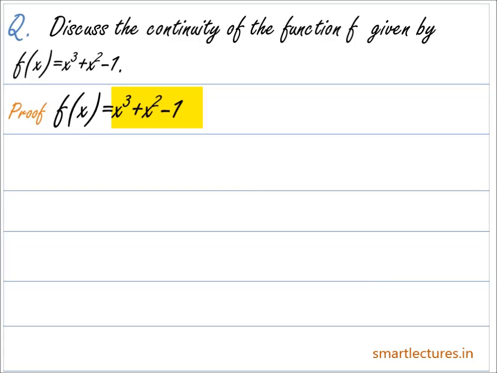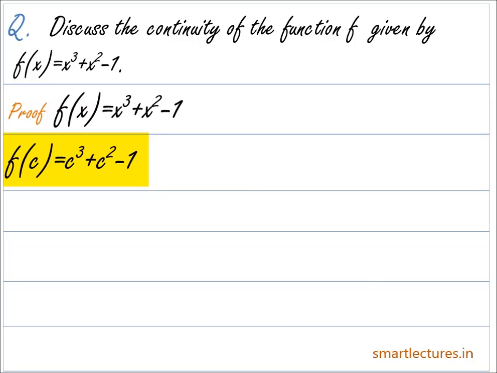And what will be the value of f of x at the point c? The value of f of x at point c is equal to f of c, and that is equal to c cube plus c square minus 1. And now let's find out the limit of this function at the point c.